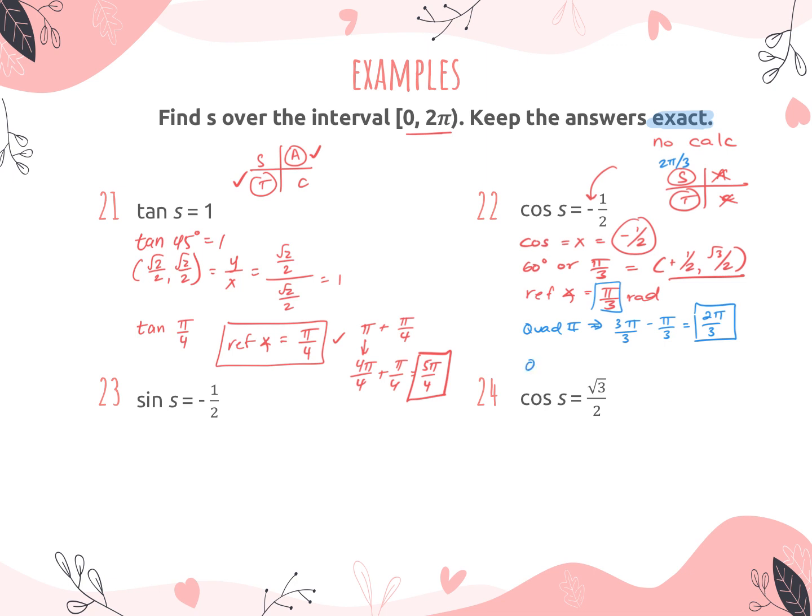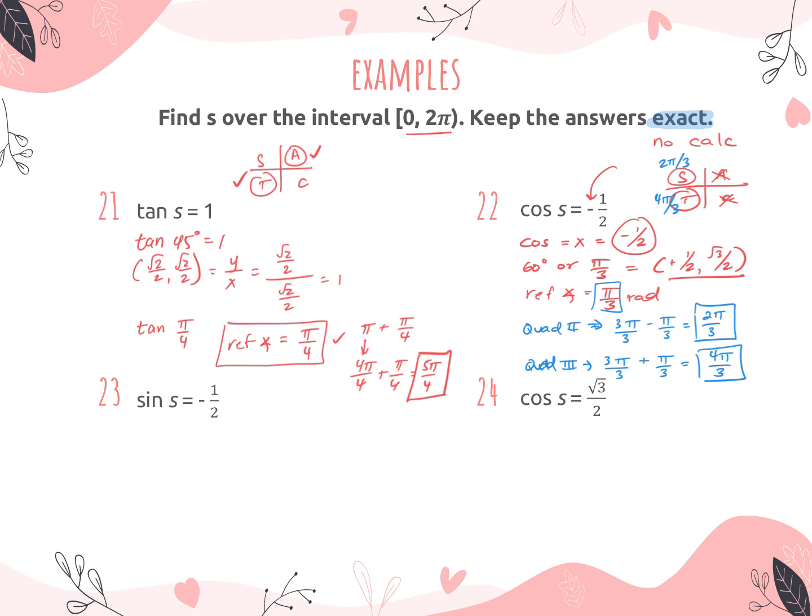And then I'll go to quadrant 3 and do the same. I'll do the formula. In quadrant 3, I know the formula is pi plus pi over 3. Pi is the same as 3 pi over 3. And so when I add it and do the math, it's 4 pi over 3. So I know that in this quadrant, 4 pi over 3 is the angle that's going to give me a cosine of negative a half.